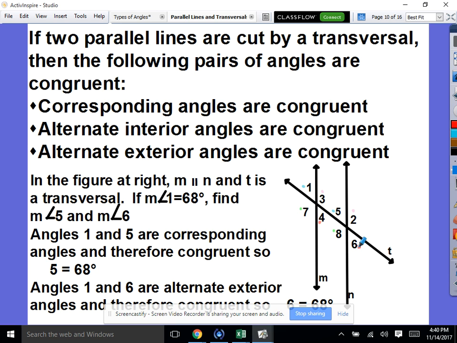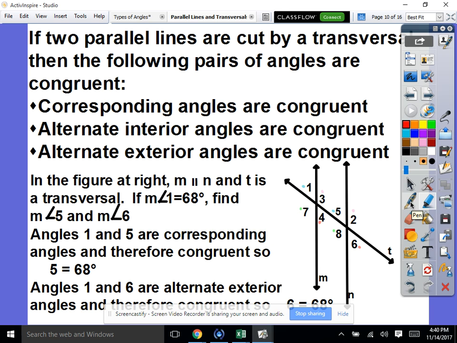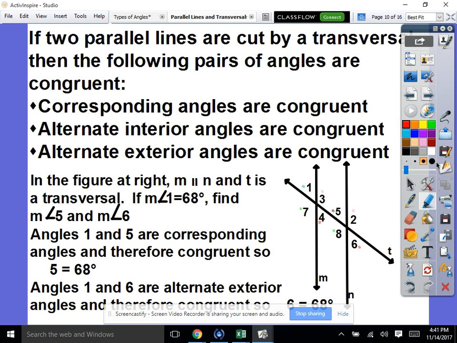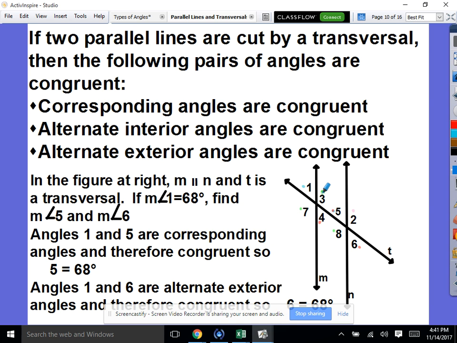All right, then alternate interior angles are congruent. So that means 4 and 5 are congruent. 3 and 8 are congruent.